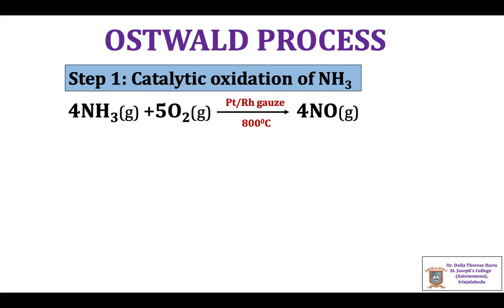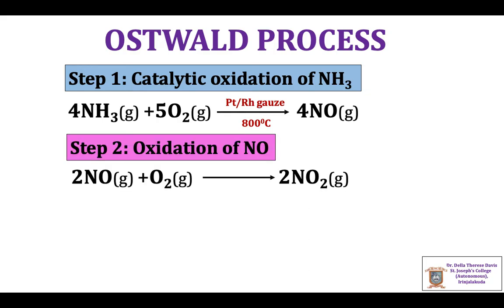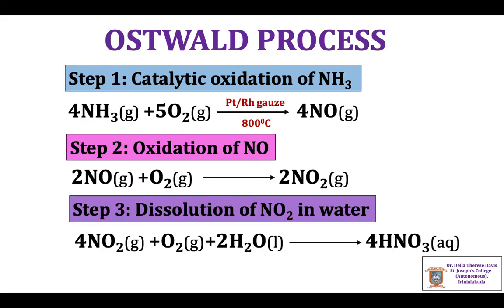NH3 plus O2 gives NO. Step 2 is the oxidation of NO by atmospheric oxygen to form nitrogen dioxide. NO plus O2 gives NO2. And step 3 is the dissolution of this NO2 in water in the presence of oxygen to form nitric acid.